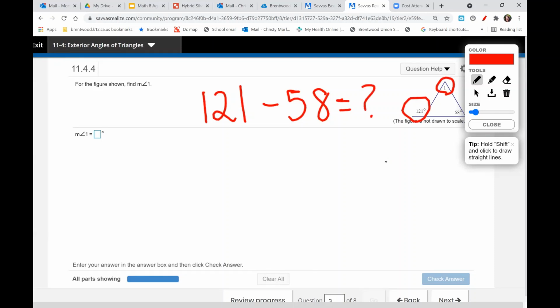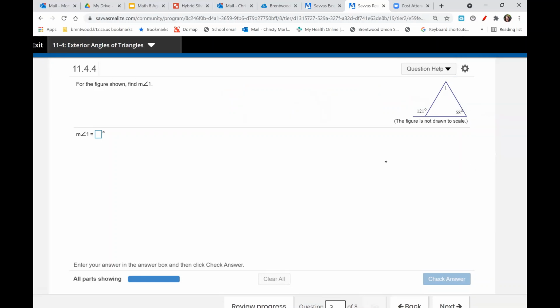So you're just figuring out what they're asking for. If you need the exterior, you're adding the two numbers that are in the problem. If you're given the exterior, you're subtracting to get it. So you would just subtract these two, put the answer into the box, and be done. So just be careful. Notice what's inside, notice what's outside.